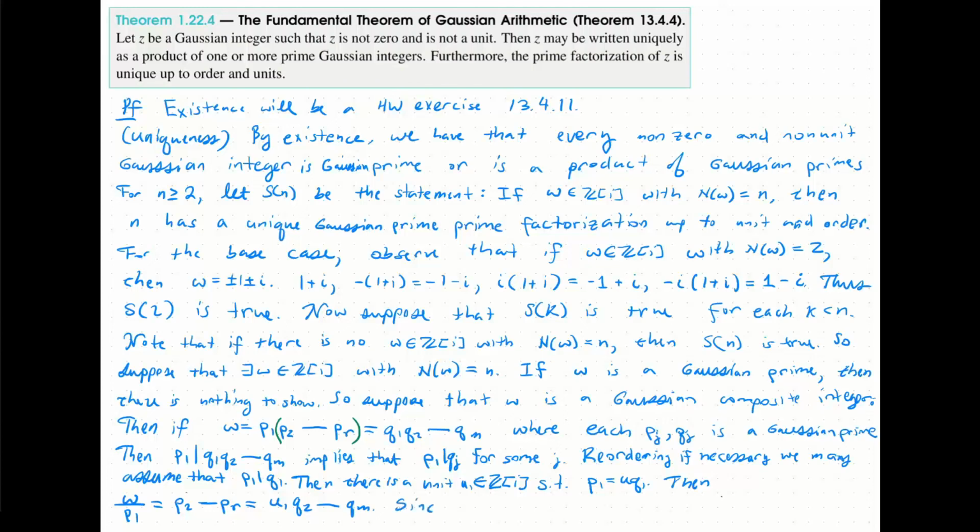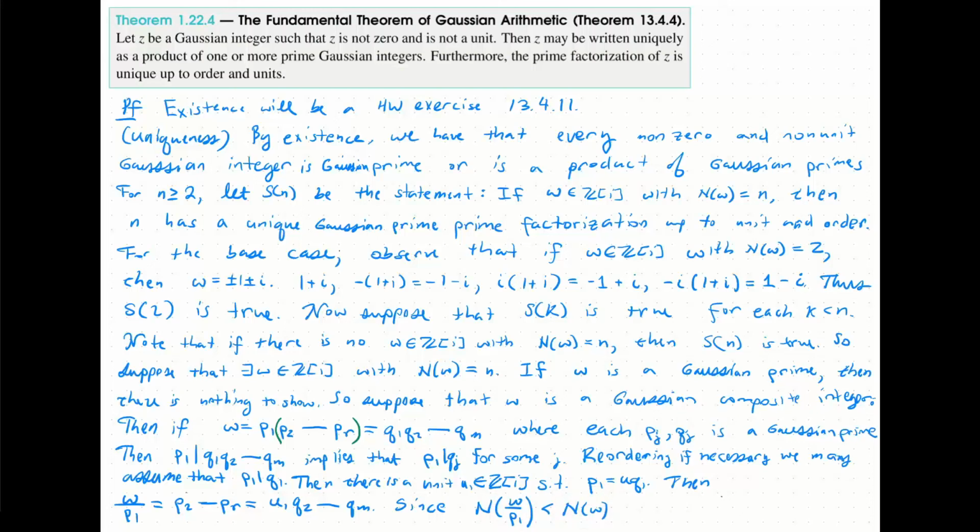And the norm of w over p1 is going to be strictly less than the norm of w, and this we can get from the multiplicativity of the norm. The norm of p1 is not equal to 1, since p1 is a Gaussian prime, and so the norm of w has to be equal to the norm of p1 times the norm of p2 all the way through pm. And so by dividing by the norm of p1, this has a norm strictly less than the norm of w.